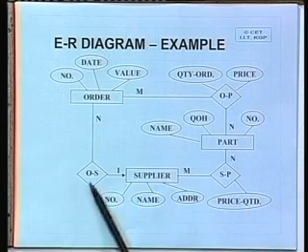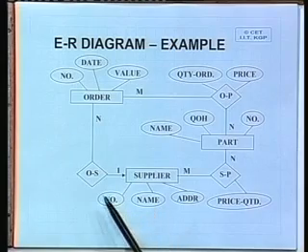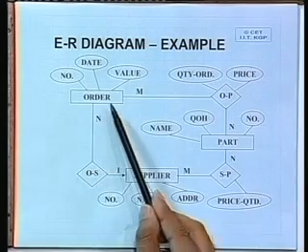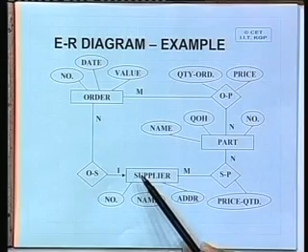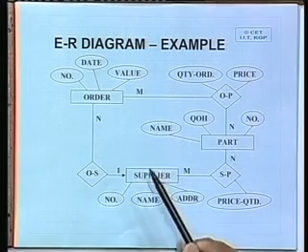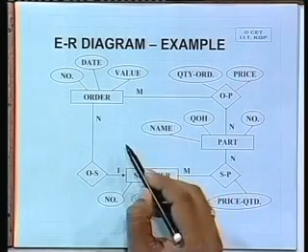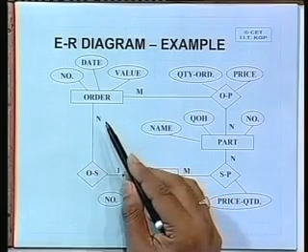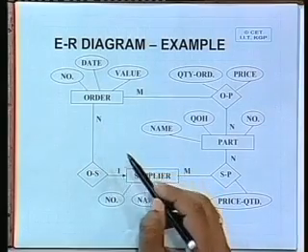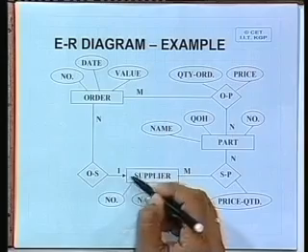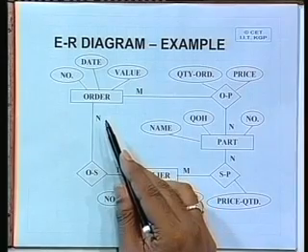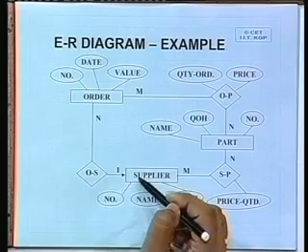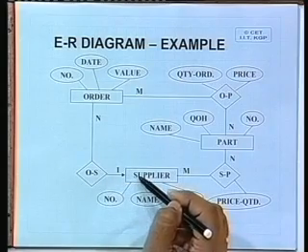But between order and supplier, order supplier, one order can have only one supplier, alright, but is it the reverse? It is the other way around, isn't it? A supplier can have many orders, it is correct. So, one order can have only one supplier.